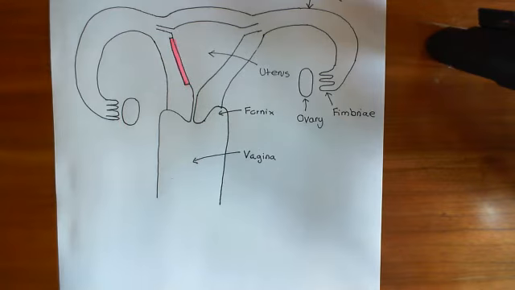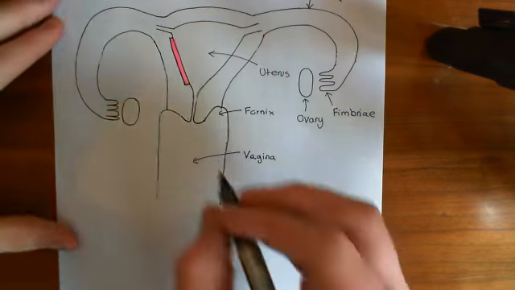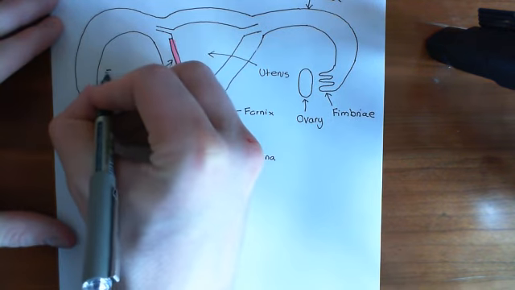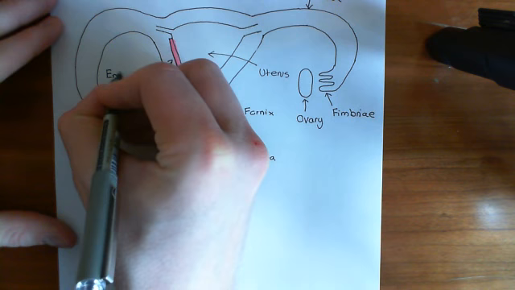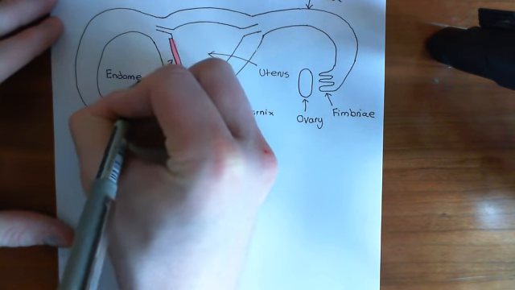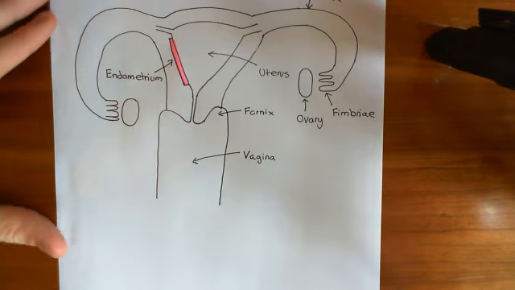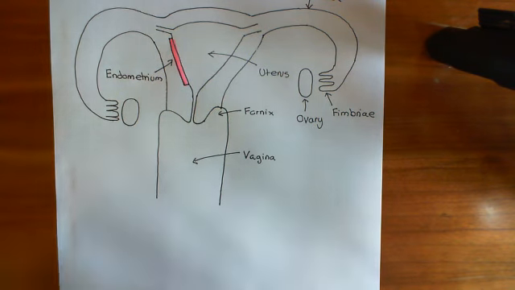Okay, and I'm now going to show you the histological structure of the endometrium, because this is what is actually going to develop in ectopic locations, basically. So let's now talk a little bit about the histology of the endometrium. So basically, the endometrium is much thicker than just one epithelial cell thick.